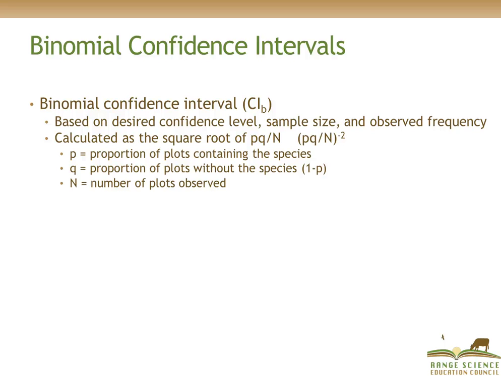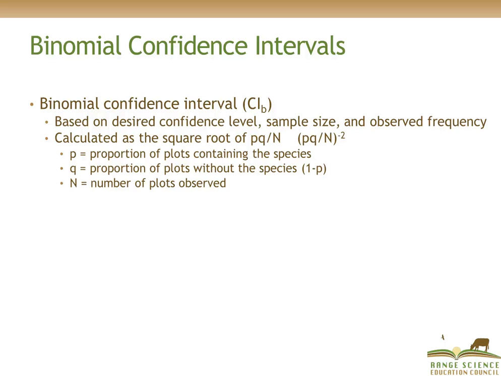In this case, p represents the proportion of plots that contain the species of interest. q is the proportion of plots without the species, so that equals 1 minus p, and n is the number of plots observed. We then take the square root of this value, p times q divided by n.